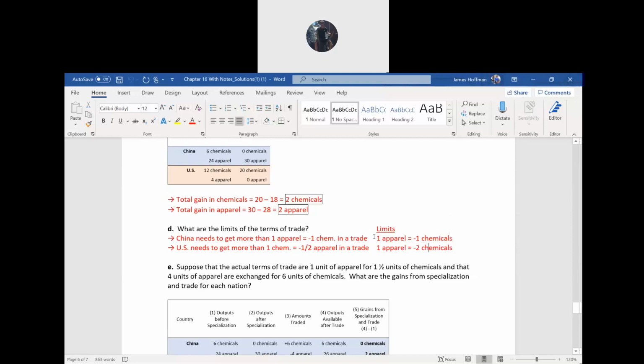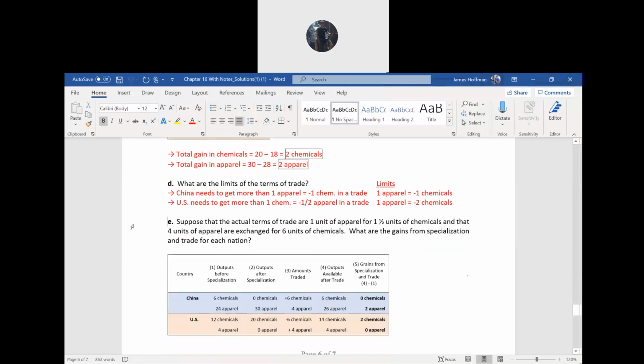All right, so basically the trade has to go in between here. It has to be 1 apparel for bigger than 1 chemical and 1 apparel for less than 2 chemicals. So 1.5, 1.25, something bigger than 1 and something less than 2. All right, so those are the limits.